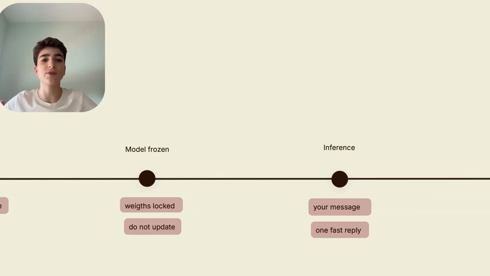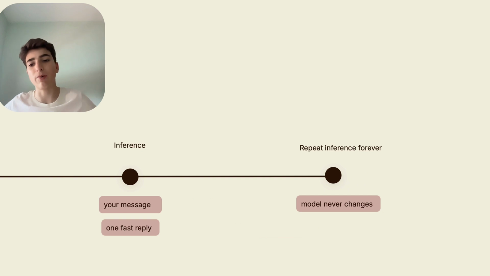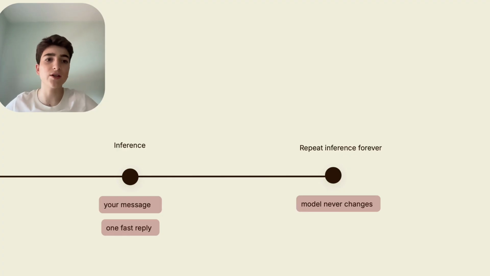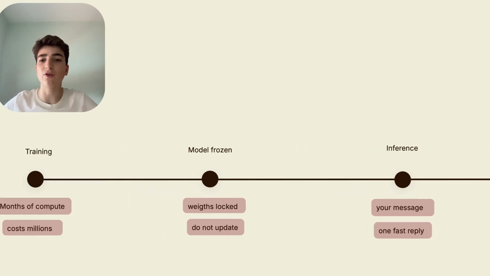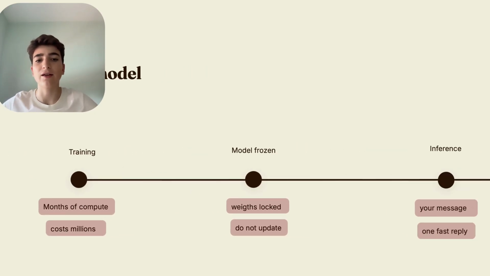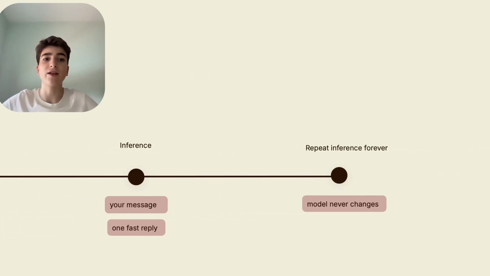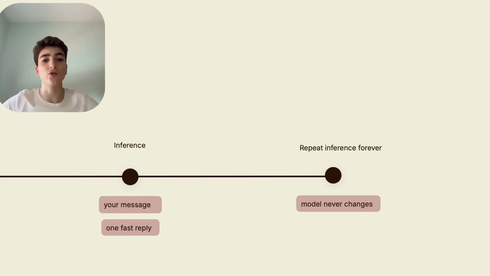And then it becomes the inference. That's when you can send messages and it replies. The inference is when they release the large language model, like when they release Fable 5, for example, and you can use it. But before, it went through that training, and then they froze it, and then the inference, so that you can use it.